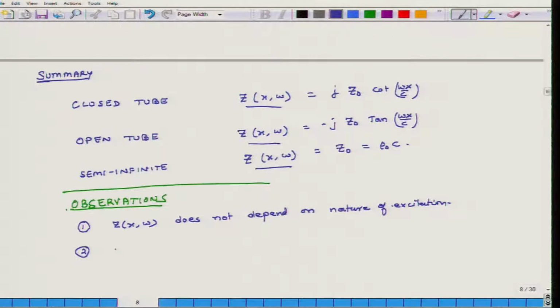Second, pressure at a given point x a, and at an instant of time t1, let us call it, and velocity at the same point x a and at the same time, they are off by how much?